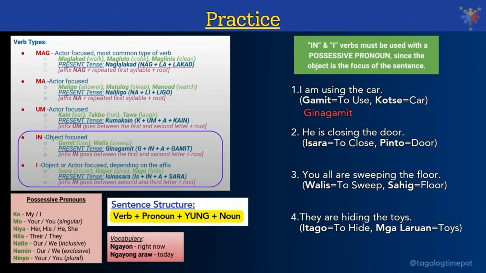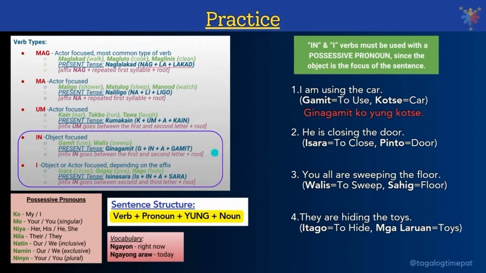Ginagamit, and then the pronoun I in the possessive pronoun is ko. And then yung car is coche. Ginagamit ko yung coche. I am using the car. Ginagamit ko yung coche. So as you can see, we just kind of plugged everything into this sentence structure.